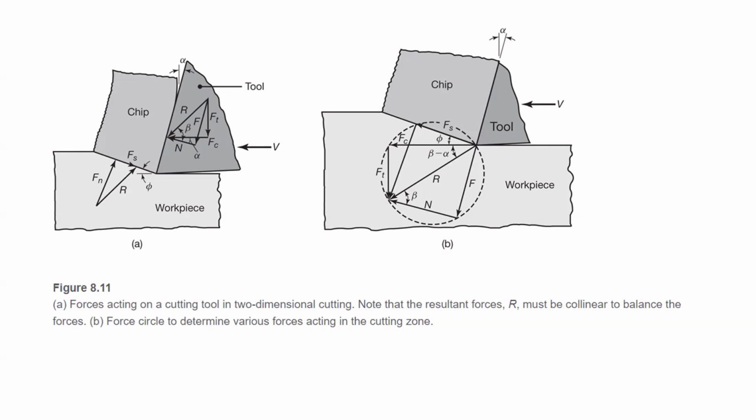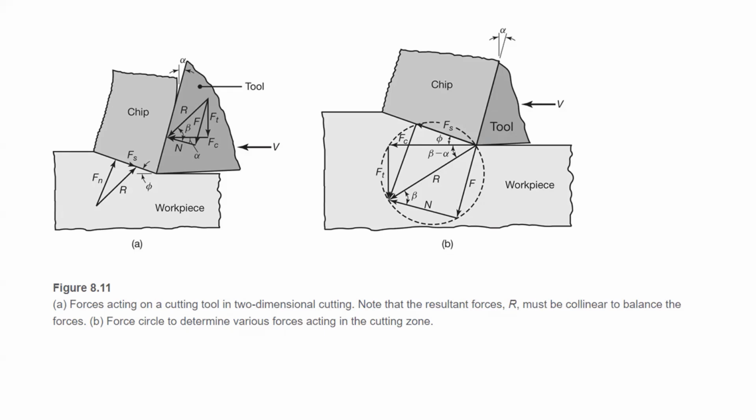Also, if I look at this right angle, FC equals the same R multiplied by cosine of beta minus alpha. So FC equals R cosine beta minus alpha. Why have I calculated FC? Because I have this F and this FC.